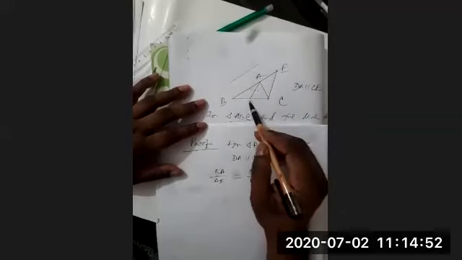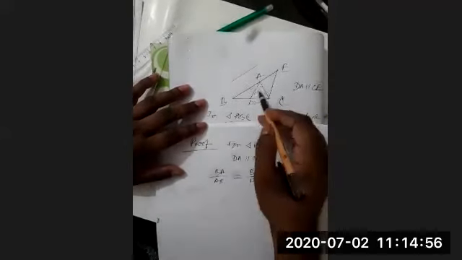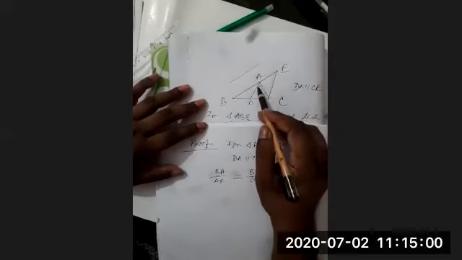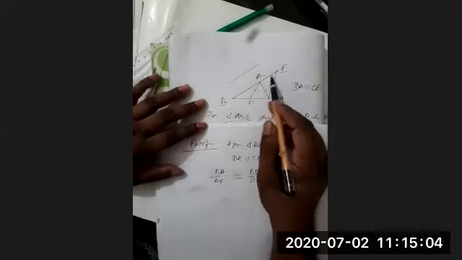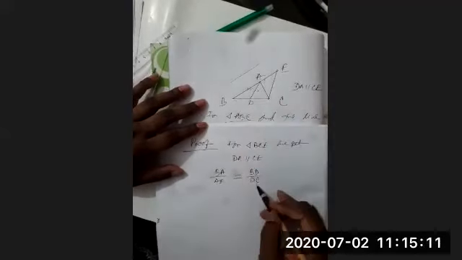Okay. As we know from before, if any straight line is parallel to one side of a triangle, here it is parallel to CE, and A and D are the intersection points on the respective sides, then BA by AE equals BD by DC, we know.